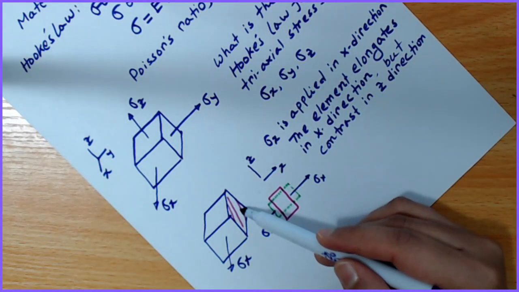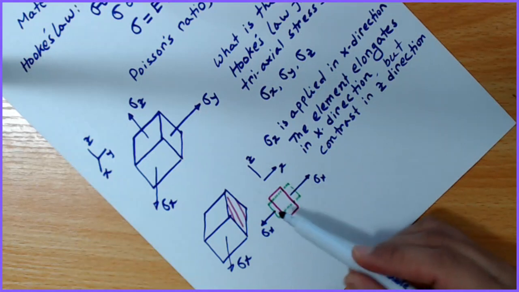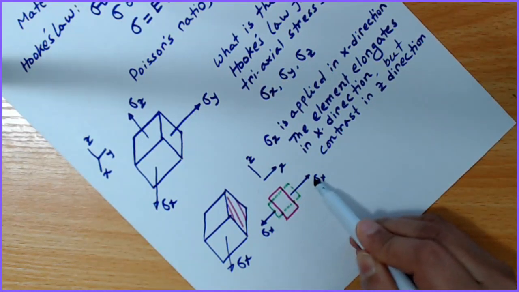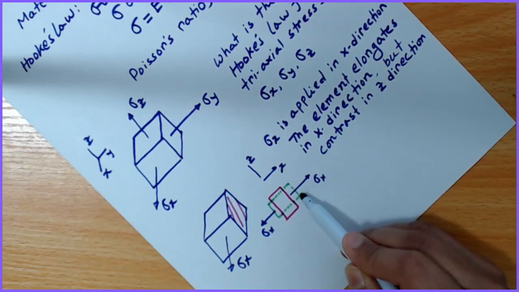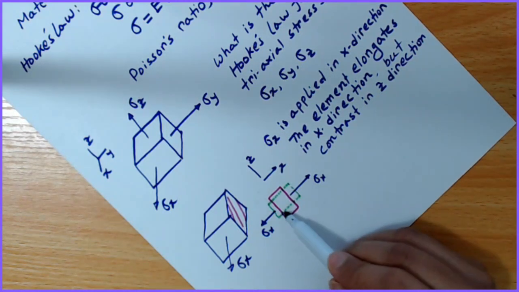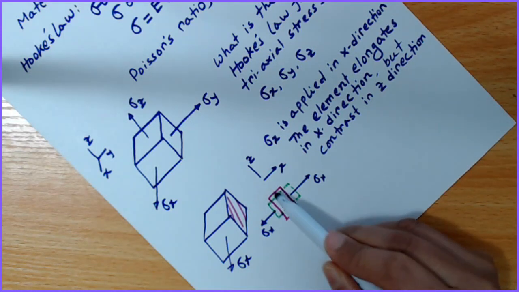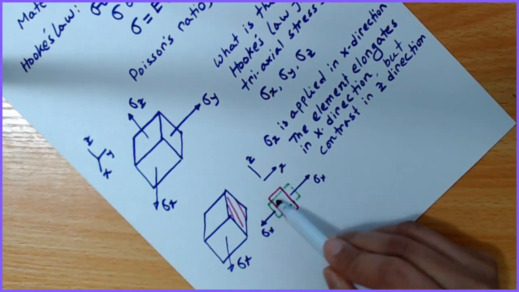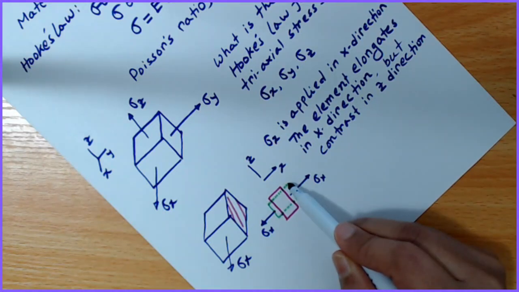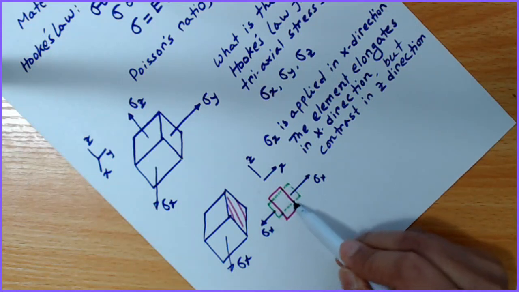If I take this face, just try to imagine, it elongates in x when sigma is applied in the x direction, but in contrast contracts in the z direction. This green dotted line represents the element after deformation.